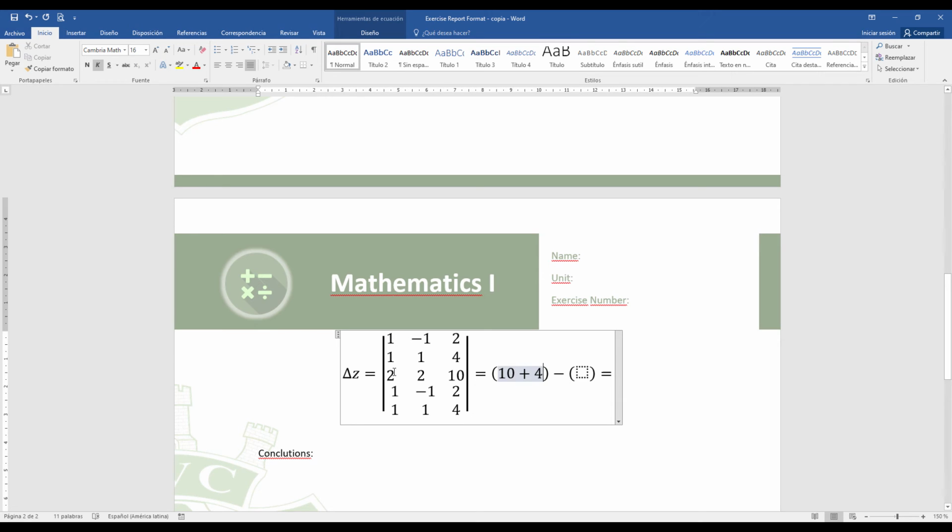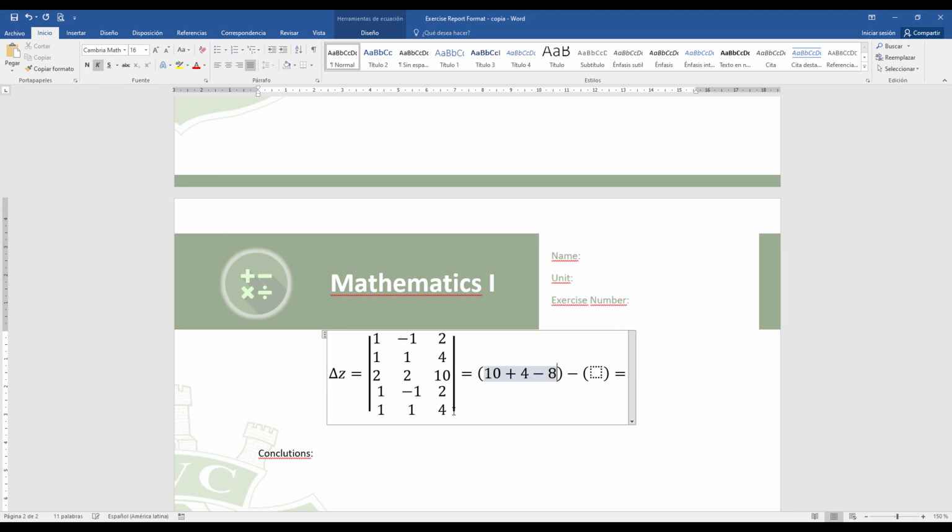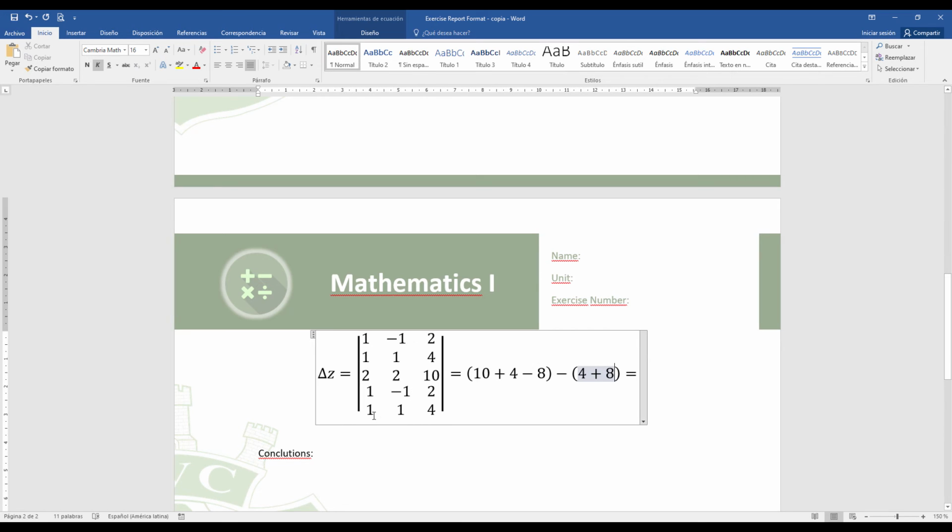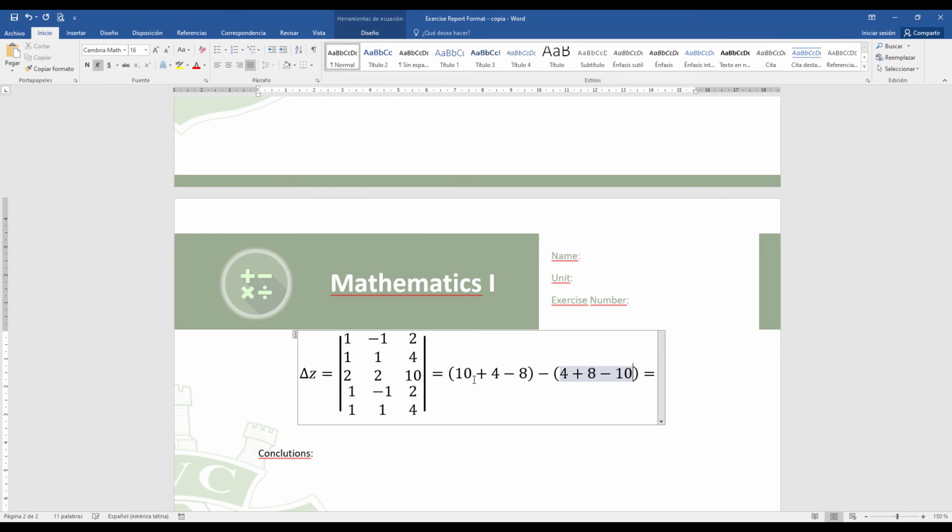And 2 times minus 1 times 4 is minus 8. Multiplying upward: 2 times 1 times 2 is 4, 1 times 2 times 4 is 8, and 1 times minus 1 times minus 10 is minus 10.